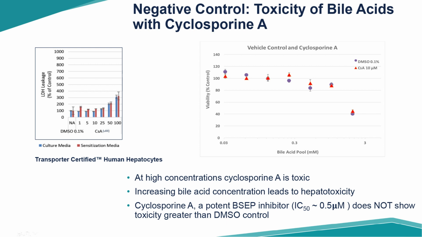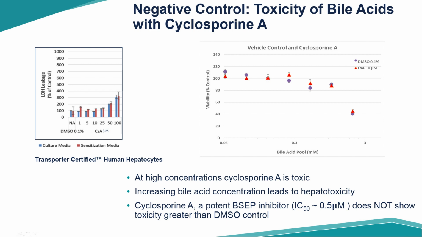There are other assays, BSEP assays, that use cyclosporin as a positive control. And it is hepatotoxic, but you have to go to relatively high concentrations inside the cell in order to see that.